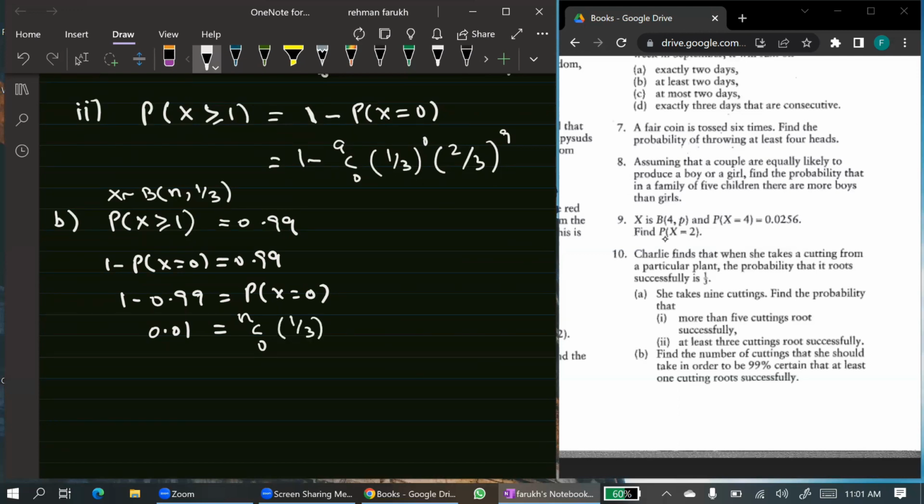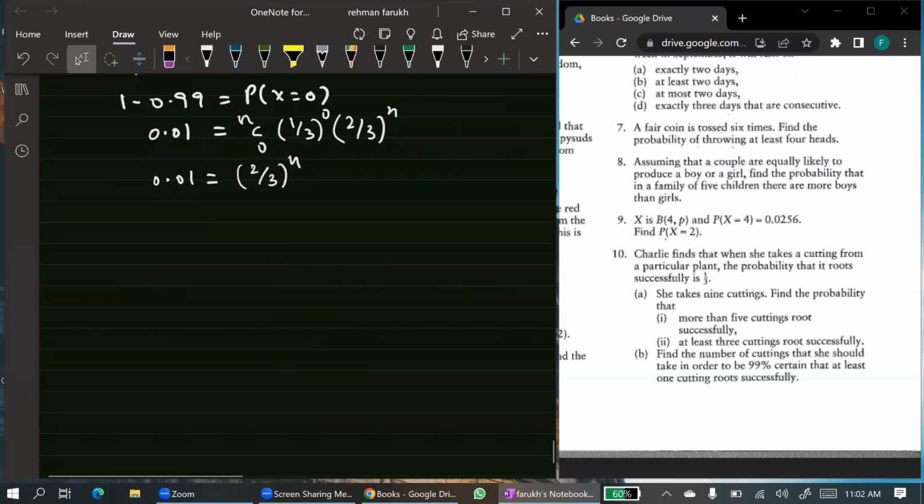Probability of success is 1 by 3, there is 0 success, so power 0, and q, which is 2 by 3, has power n. Now 0.01, NC0 is 1. 1 over 3 power 0 is 1. So there is only 2 by 3 power n.